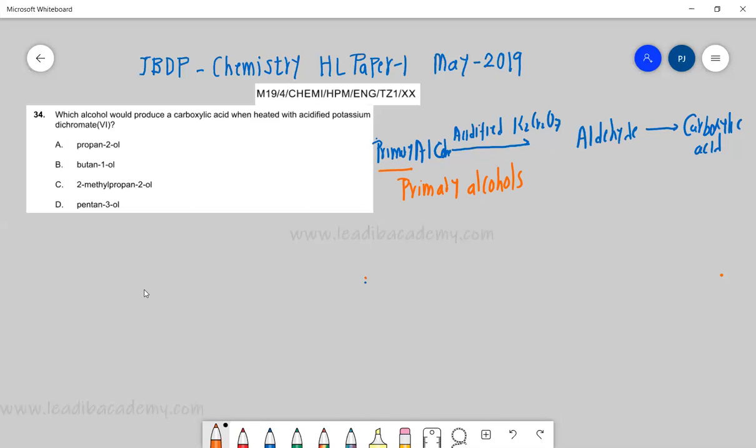If it is a secondary alcohol, it will get oxidized only to ketone, while tertiary alcohols will not get oxidized under normal circumstances. Okay, very simple.